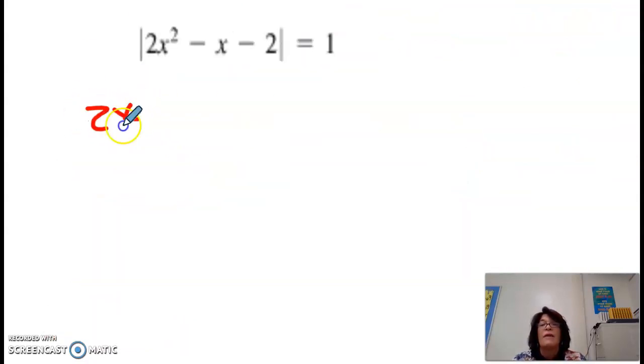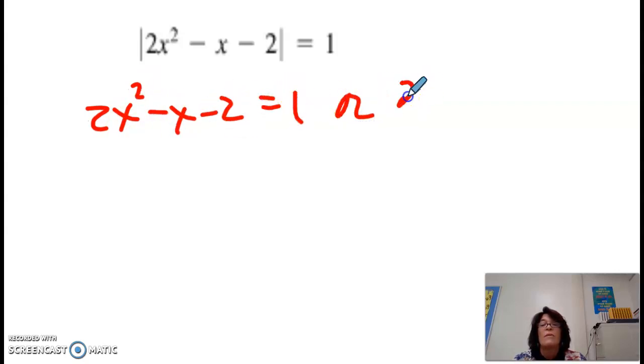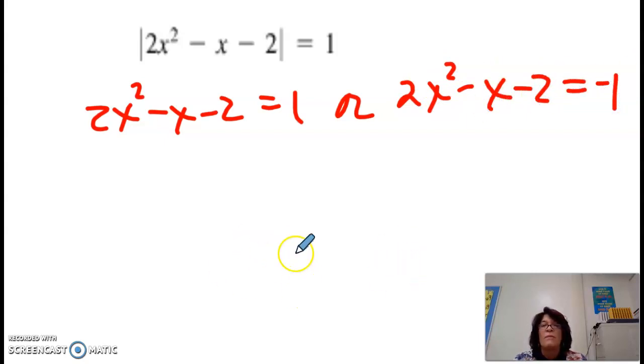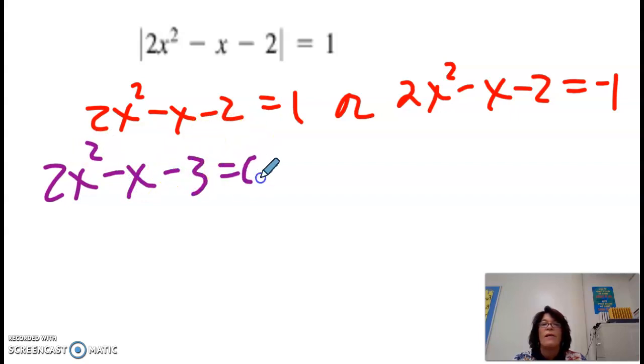Here I have that what's inside the absolute value either equals 1, or what's inside the absolute value equals -1. Hopefully you pause me in order to write the equation down. You're probably getting good at pausing me. So I'm subtracting 1 from -2.